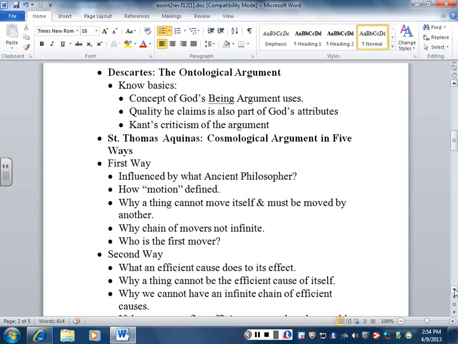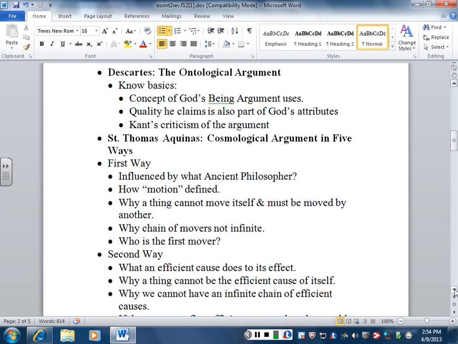And so, what is he trying to show? Well, Descartes is trying to say that one of the qualities, along with being all-powerful, all-knowing, morally perfect, and omnipresent, everywhere, another quality that God has is the quality of existence itself.